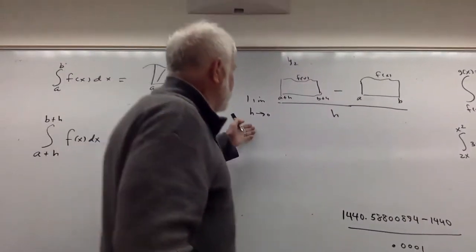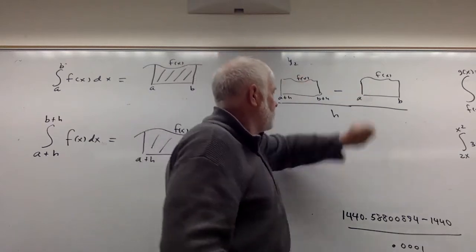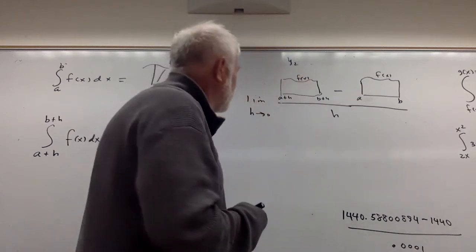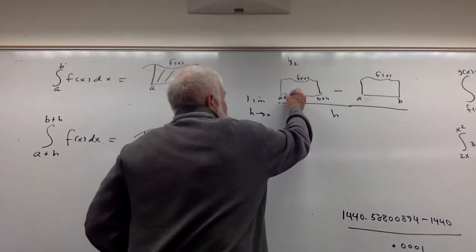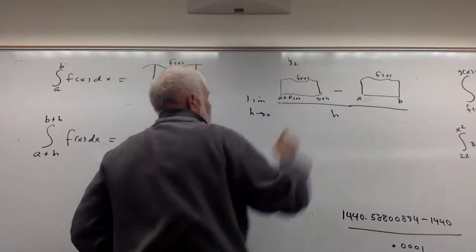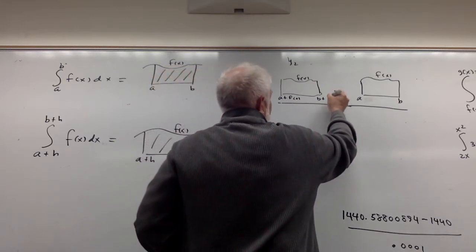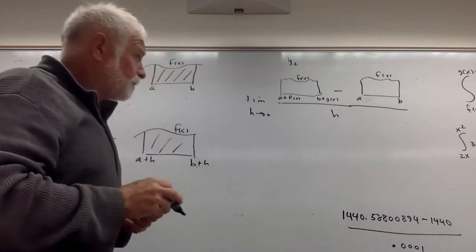So in a more formal sense, we're looking at the limit as h goes to 0 of a plus h, the second rectangle, minus the first, over the change in x. But what's going to change here is we're not going to take a number, we're going to take a function. Let's say a plus f of x and b plus g of x. A couple of different functions for those place settings.